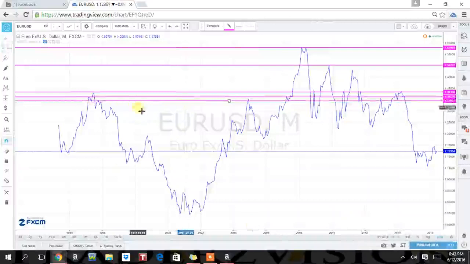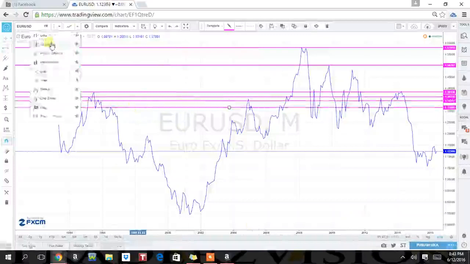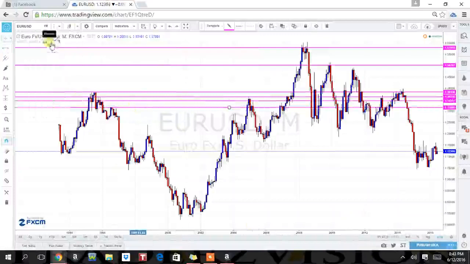I'll say right here is the next zone. 1, 2. You know, fell over here. If I switch to candlesticks, you can see it. You see how it played its part.